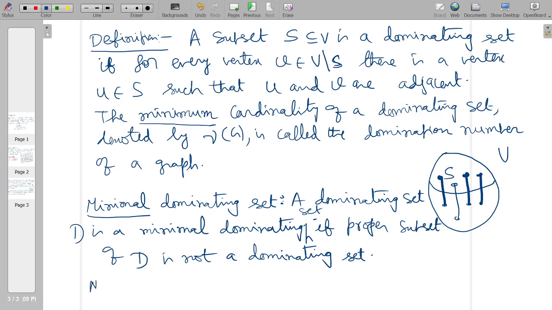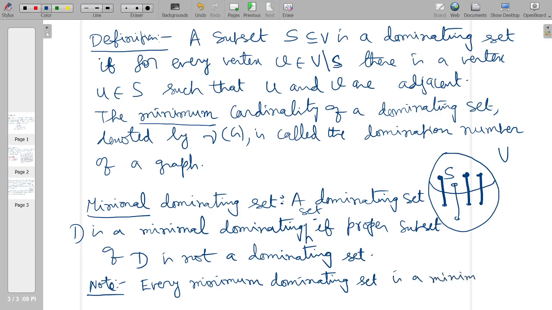So you can see that, and this will be the first observation, every minimum dominating set is a minimal dominating set, and of course the converse need not be true.